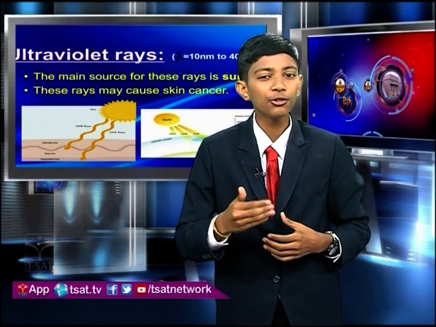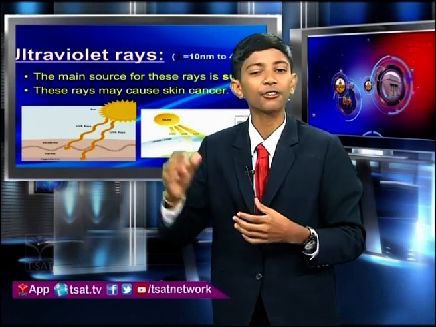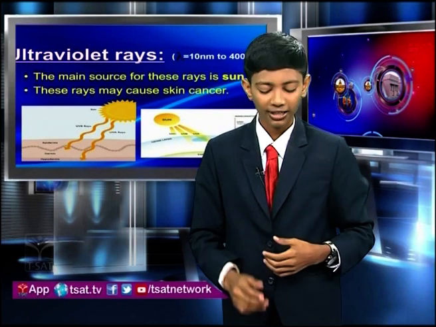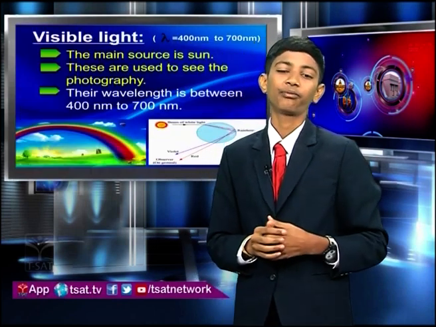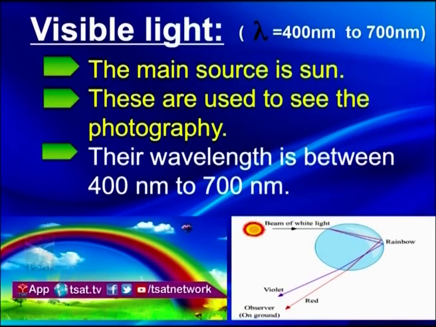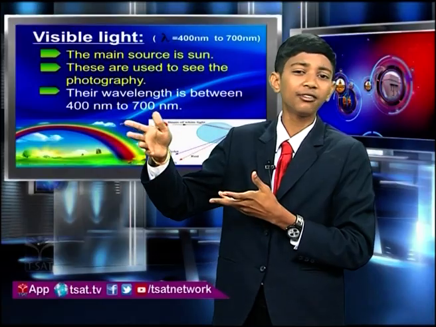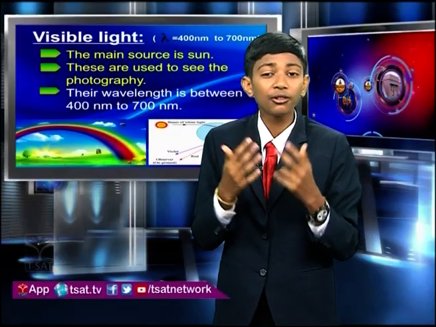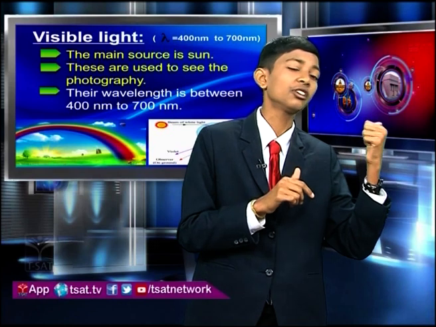Now let's move to this special kind of electromagnetic waves, visible light. Visible light is special because only visible light is visible to our naked eye. All other electromagnetic waves are not visible to our naked eye. That is the speciality of visible light.